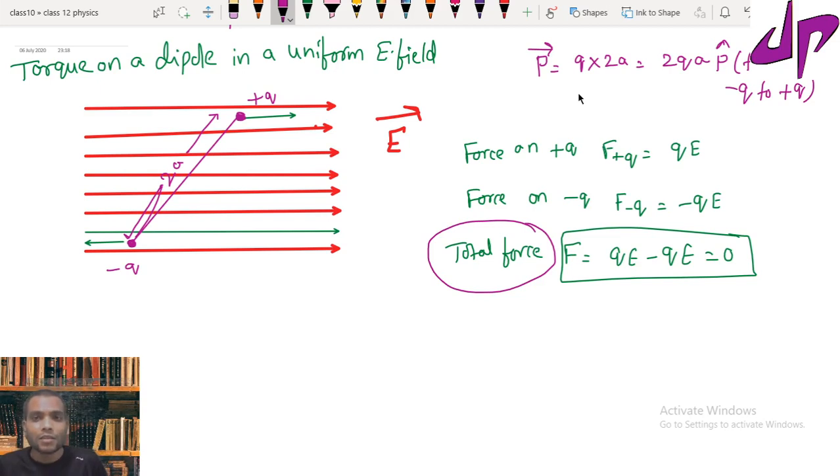Again repeating, even though the force acting on a dipole in an electric field is 0, still the dipole is rotating in an electric field. So we can say the net translation force on a dipole in a uniform electric field is 0. The net force is 0.